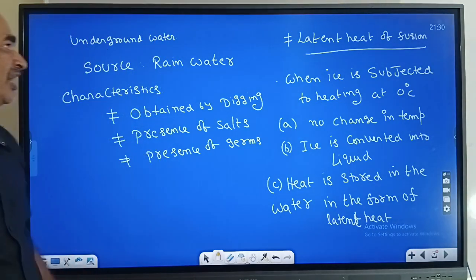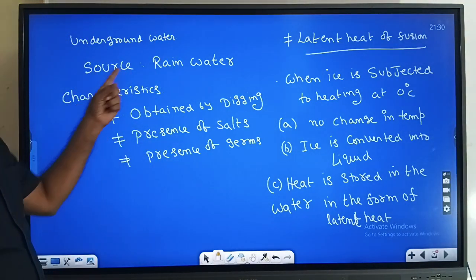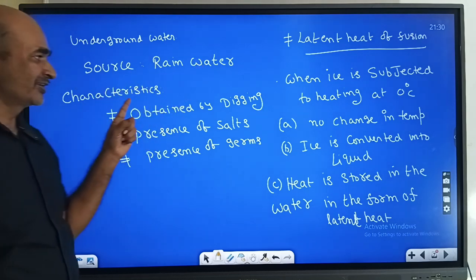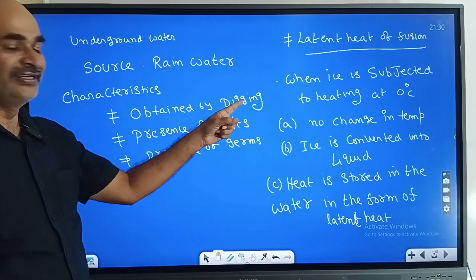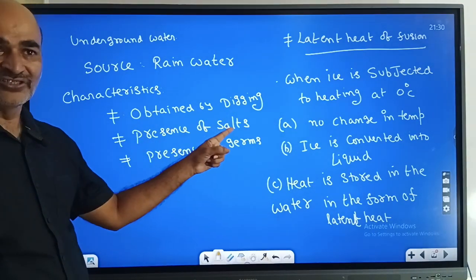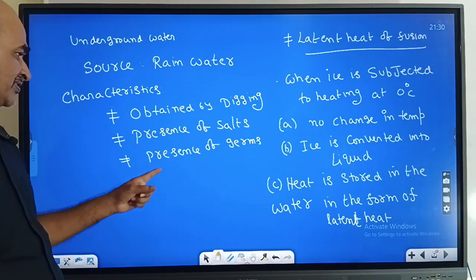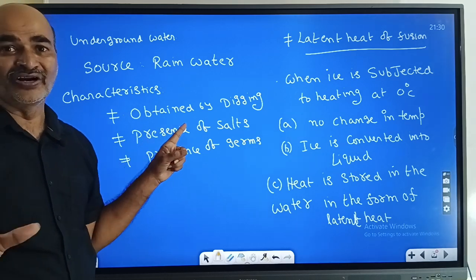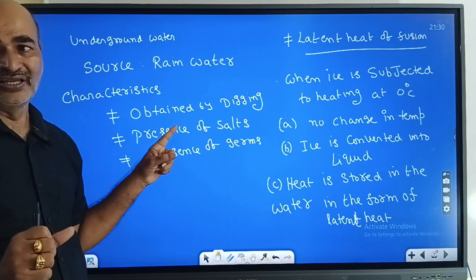Next, underground water. The source of underground water is rainwater. What are the characteristics of underground water? It is obtained by digging, and has the presence of salts and germs. Generally, groundwater has salts.